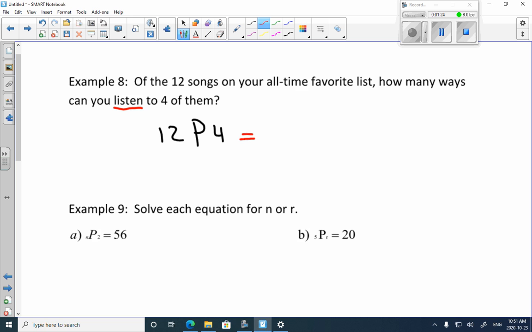I get my calculator and type in 12 P4, so second function here, I see nPr over the sixth pattern, and most calculators would be the case, but it depends on what kind of calculator you have. So the answer for that would be 11880. That's the number of ways.